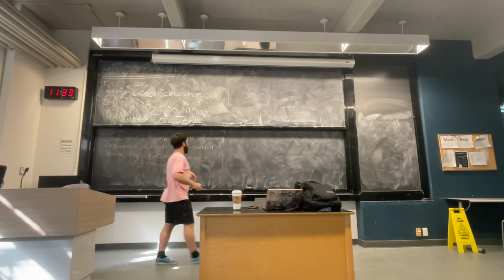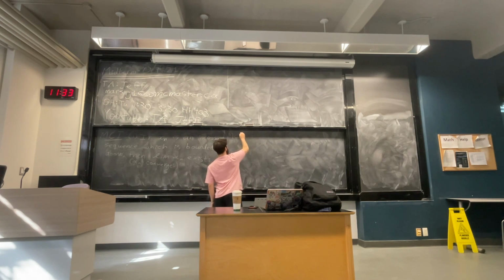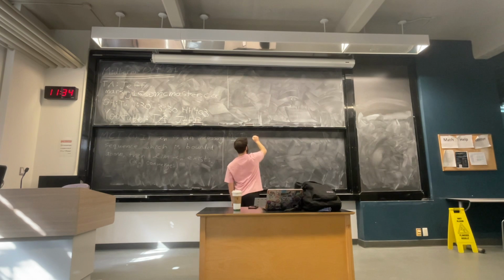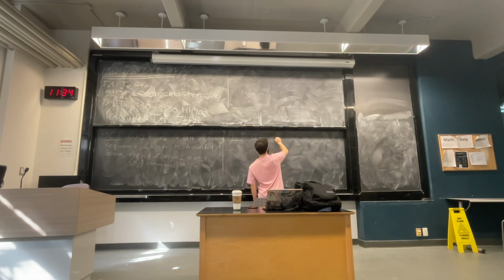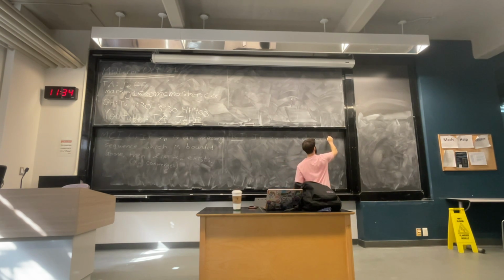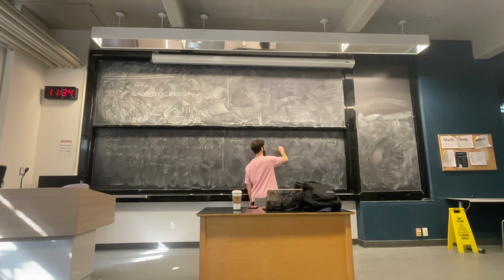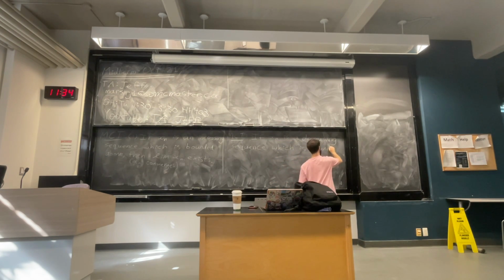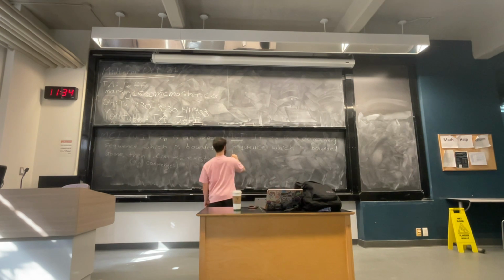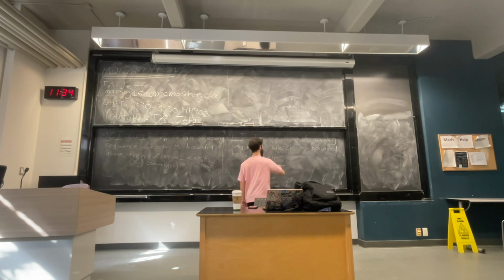Okay, and the second version of the monotone convergence theorem: if xn is a decreasing sequence, which is bounded below, then the limit of xn exists.